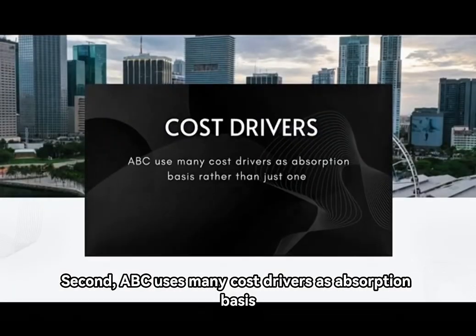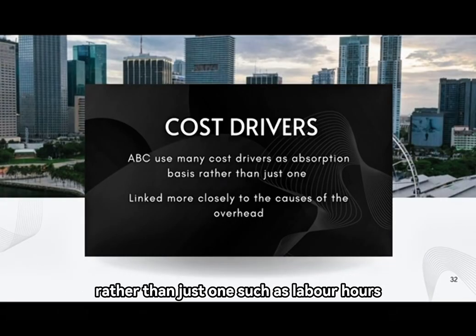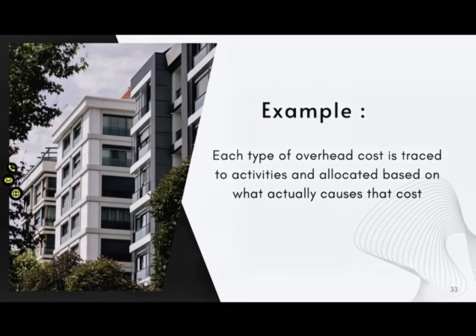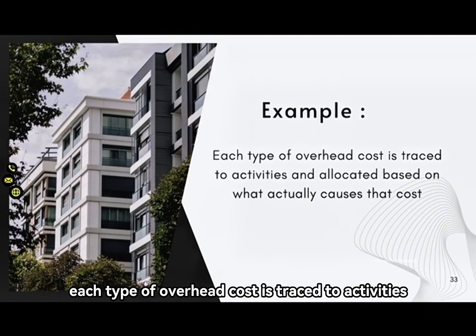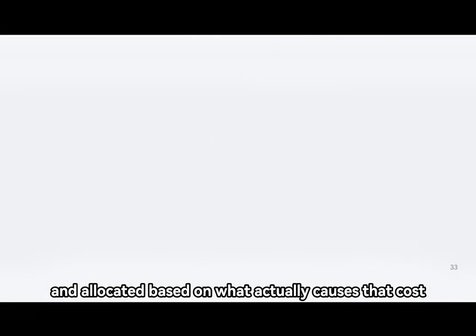Second, ABC uses many cost drivers as absorption bases rather than just one, such as labor hours. ABC absorption rates should be linked more closely to the causes of the overhead. For example, each type of overhead cost is traced to activities and allocated based on what actually causes that cost.